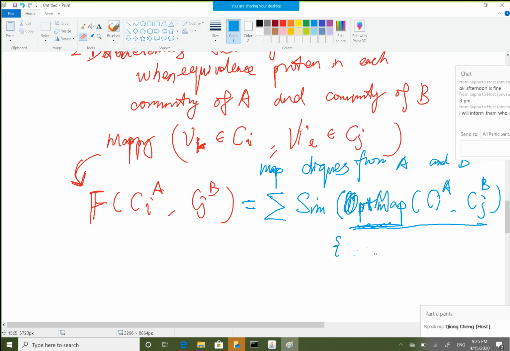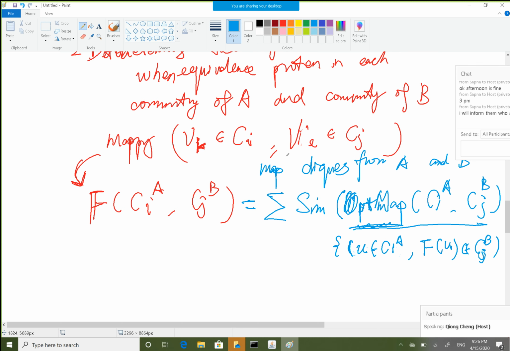So this is the best mapping of U belonging to CIA. This is a pair, right? To what you have, this F function of U, which belongs to CJB. This is what they talk about, the optimal map. And if you would like to separate this, this corresponds to the best.